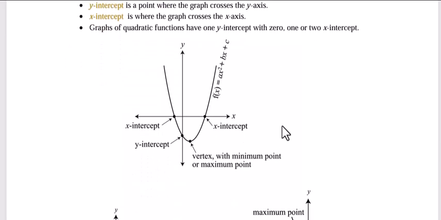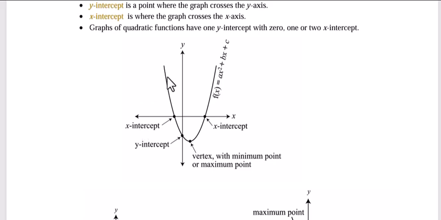When we look at this particular graph, this is the y-axis and this is the x-axis. This is the x-intercept, and this is the y-intercept.